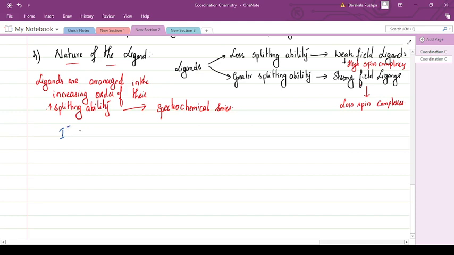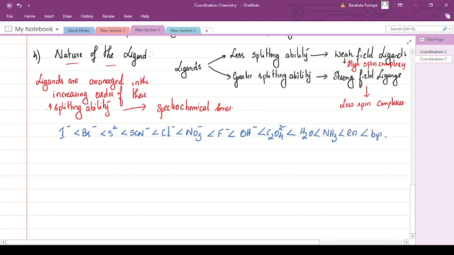The first one is iodide, bromide, sulfur, thiocyanate ligands, chloride, nitride, fluoride, OH, oxalate, water, ammonia, ethylenediamine, bipyridine.